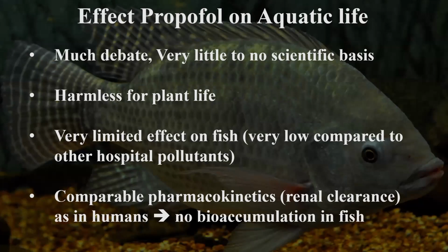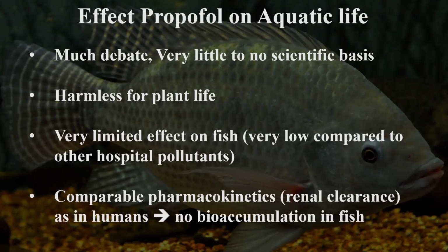So propofol, at reasonable concentrations from medical use, is completely harmless for plant life, and has very limited effects on fish. It's very low compared to many other hospital pollutants. And very interesting, it has comparable pharmacokinetics as in humans.